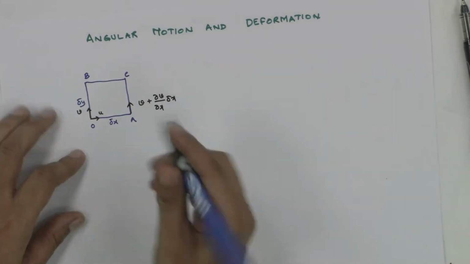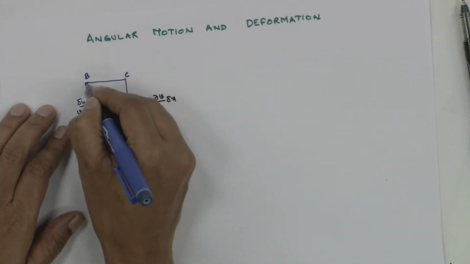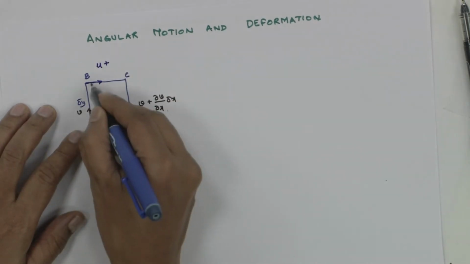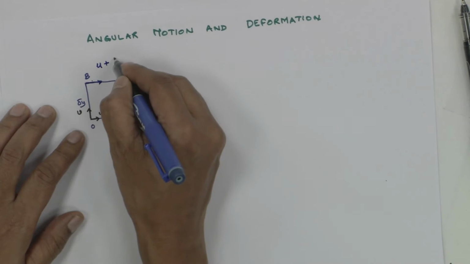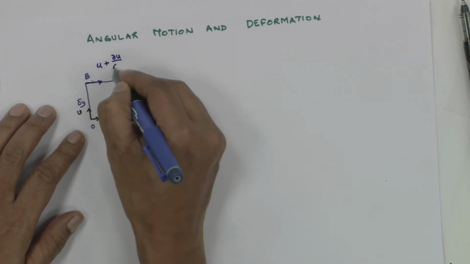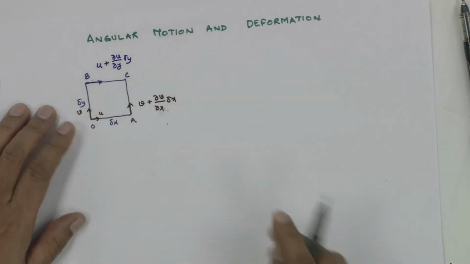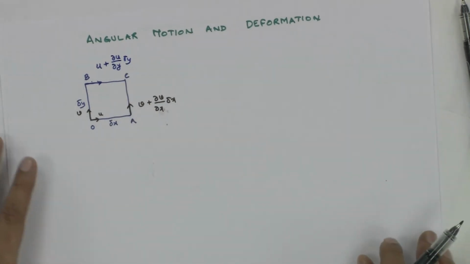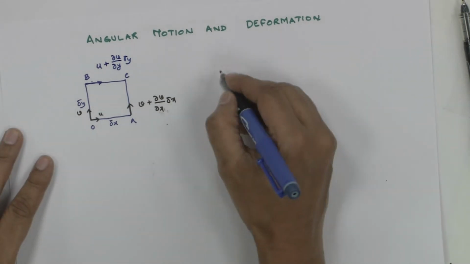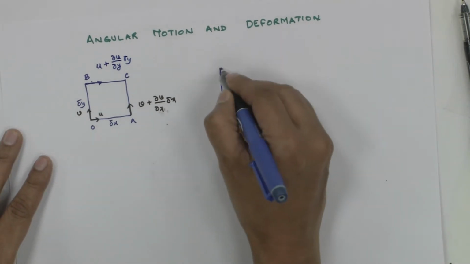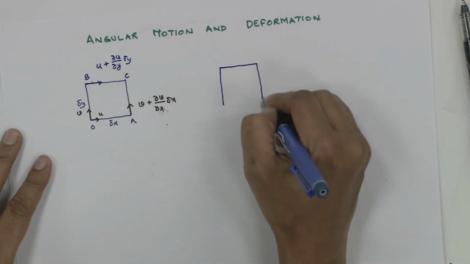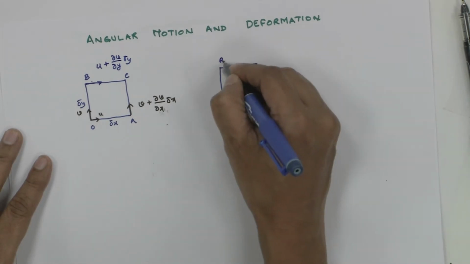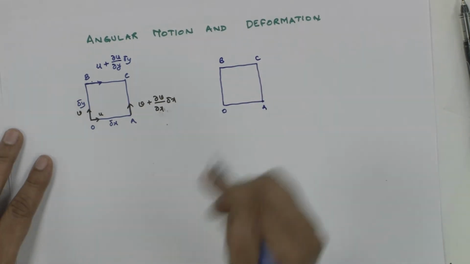That is again by Taylor series expansion I can write that. I am not showing that again. So you have u becoming u plus del u by del y, delta y, since u is varying with y. So what does this variation, cross velocity gradient, do? It actually does angular deformation. If you take that square again, you have O, A, B, C. So what happens?